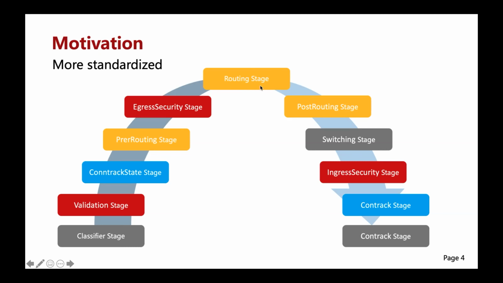The first table of the routing stage can be resubmitted to the third or other tables within this stage, but the packet in this table can't be resubmitted to the second or the third table in any other stage.